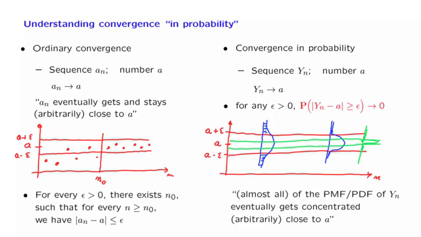So, in words, convergence in probability means that almost all of the probability mass of the random variable Yn, when n is large, gets concentrated within a narrow band around the limit of the random variable.